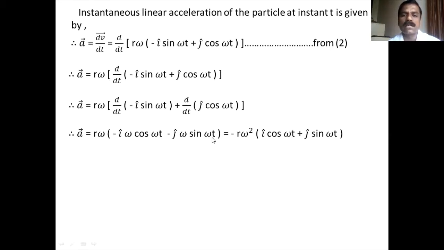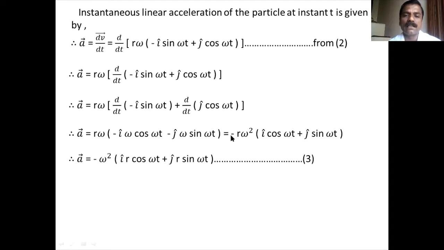So this equation can be written with the negative sign taken as common, minus r omega square, and in the bracket you will find i cap cos omega t plus j cap sine omega t. Now small r is taken inside the bracket, so only minus omega square is kept outside.